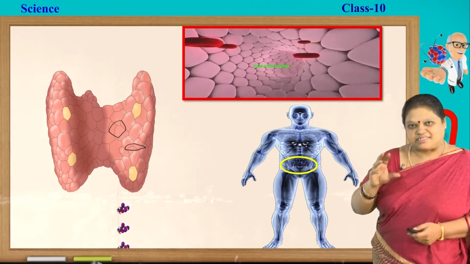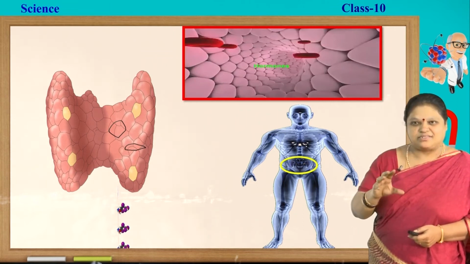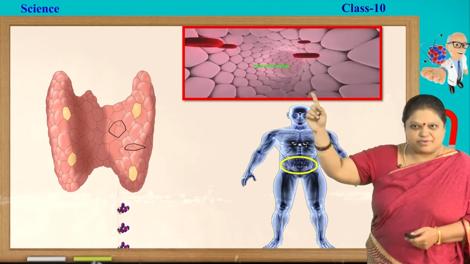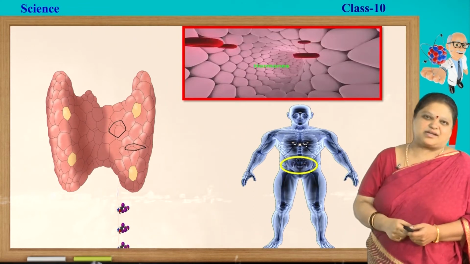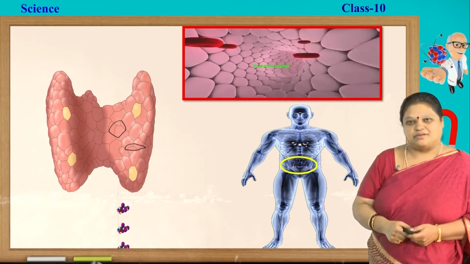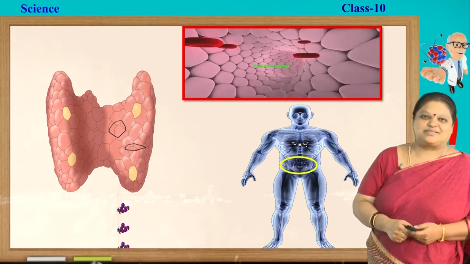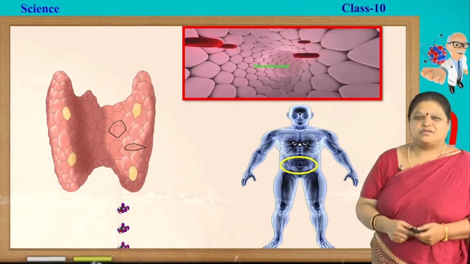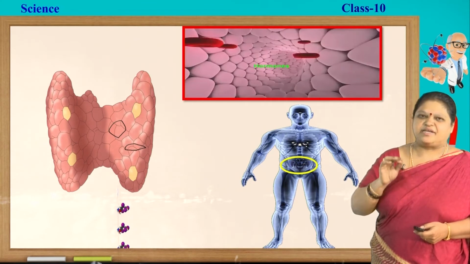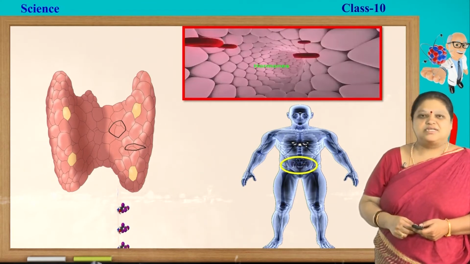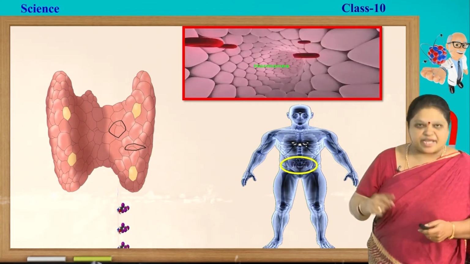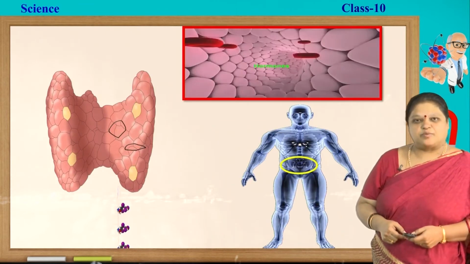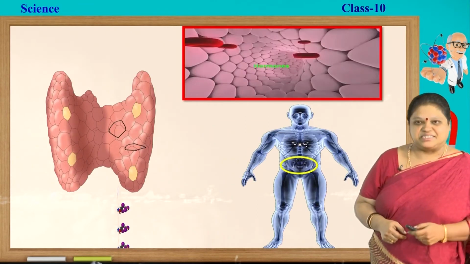So, it is secreted in one place, transported by blood, and finally its target organ is a different one. Hence, they are called endocrine glands. These hormones are very important for some specific functions to take place. Now, let us study each gland in detail.